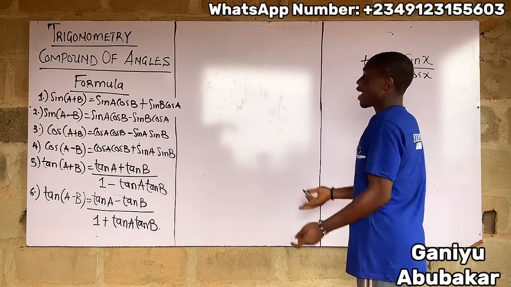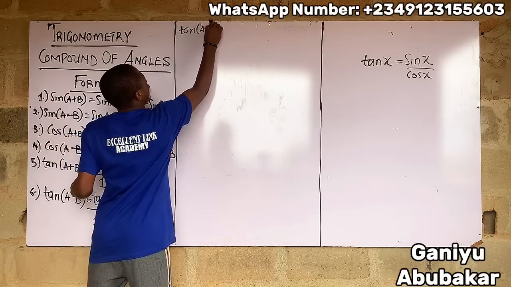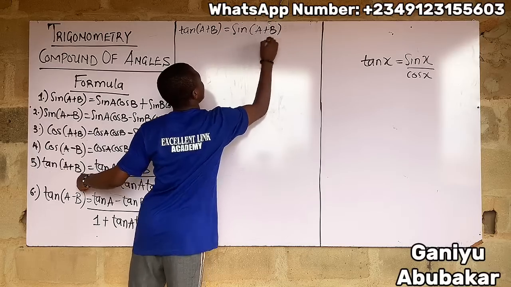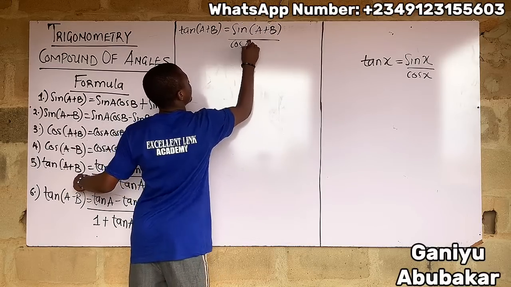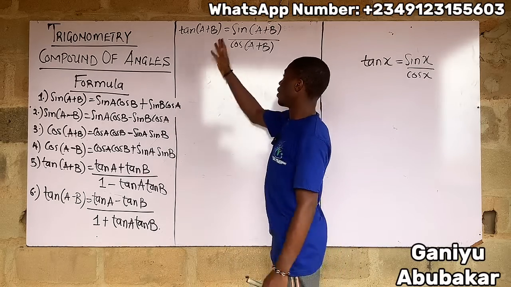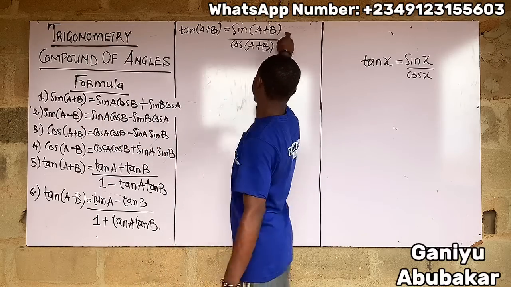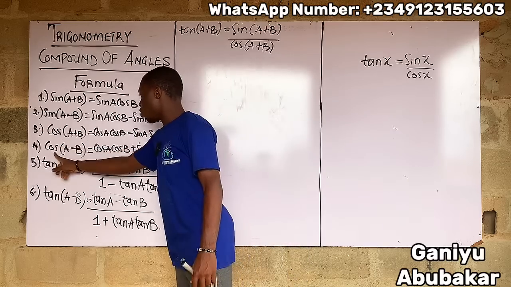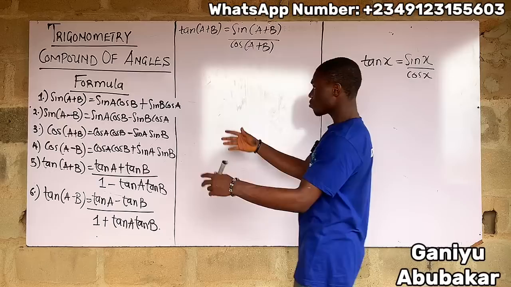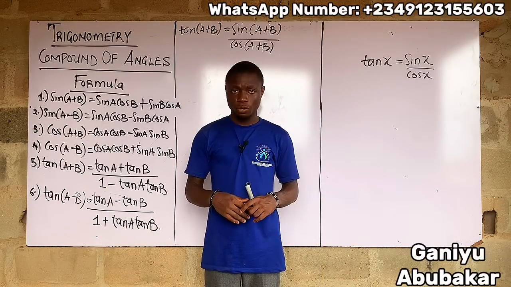So I can express tan A plus B as sine A plus B all over cos A plus B. Still mathematically correct, right? So I just put the value for sine A plus B here, then cos A plus B down here. This becomes your compound angle formulas, as you can see in front of you.